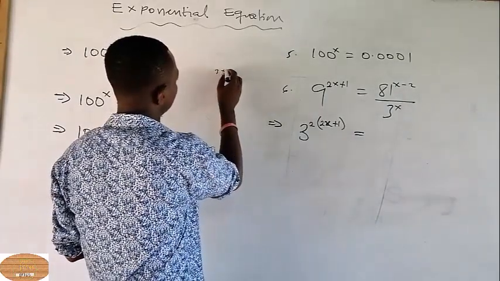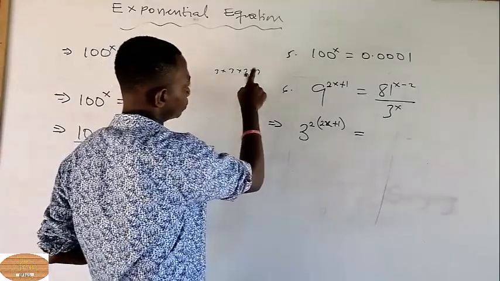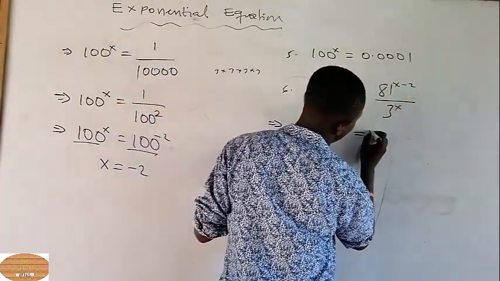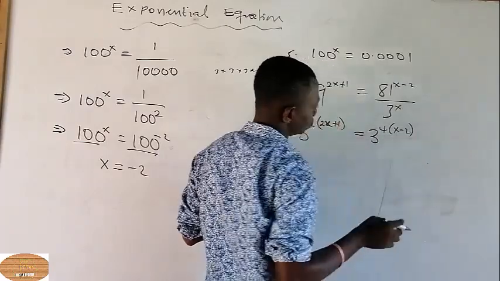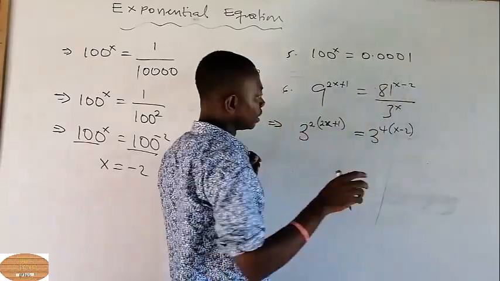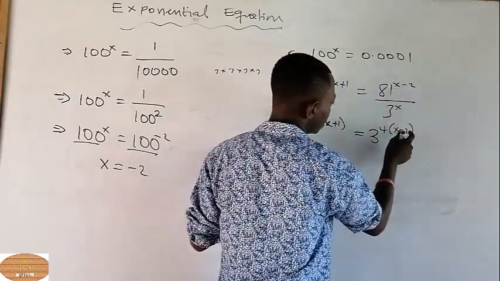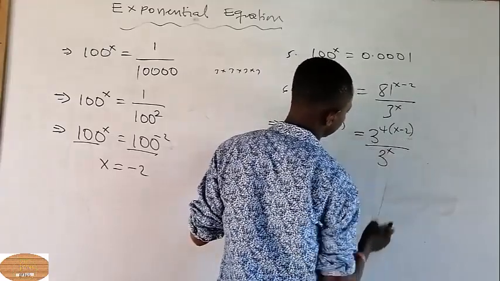So 3 times 3 times 3 times 3, 3 times 3 is 9, 9 times 3 is 27, 27 times 3. So 3 to the power 4. So I'll add x minus 2. Alright, so this one is giving us 3 to the power 4, that is 81. And don't forget you have x minus 2 there, over 3 to the power x.